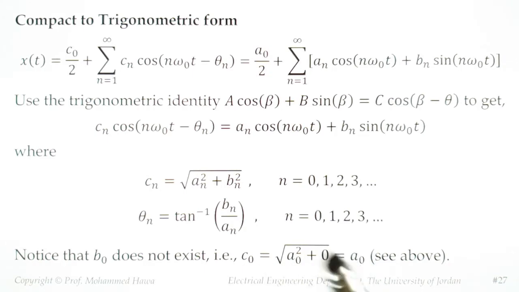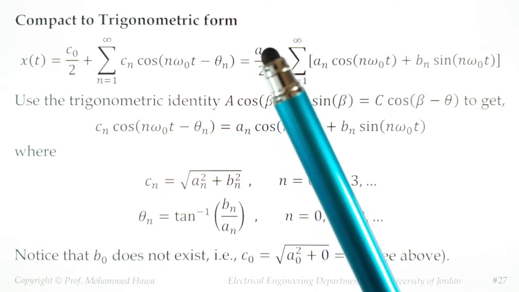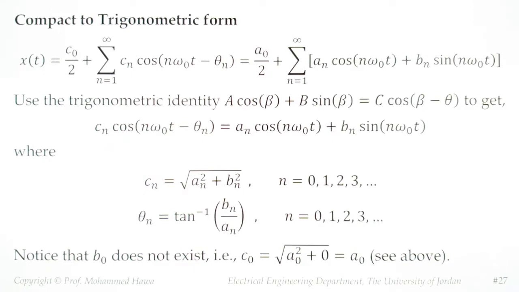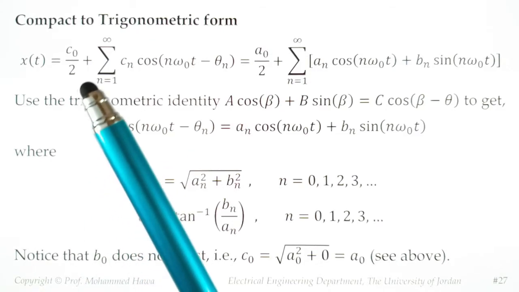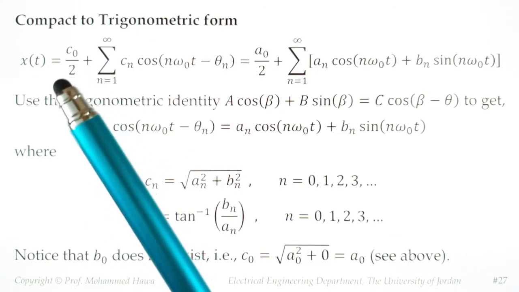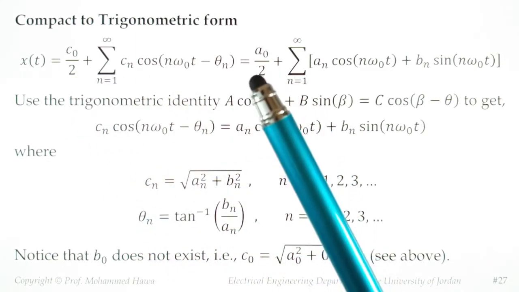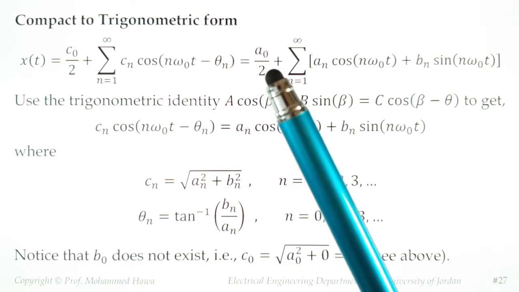If you find this confusing, just look at this equation. A naught over 2 is the same as c naught over 2. So in terms of the zeroth coefficient, c0 is the same as a0. And you'll see later on, we'll call c0 over 2 the DC value, or the average value, and a0 over 2 is also the average value or the DC value.